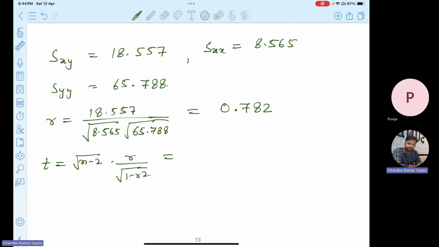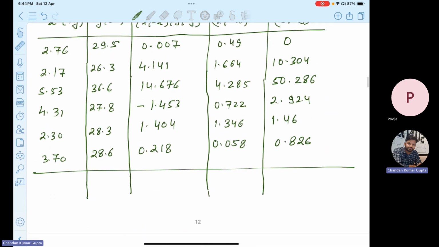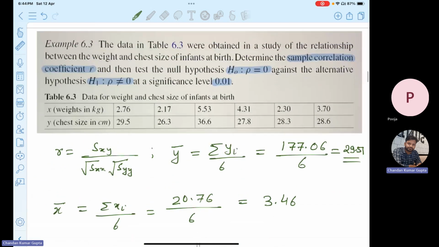This is the calculated value of the test statistic. Putting in the values of R and N equal to 6, after simplification we get 2.509.